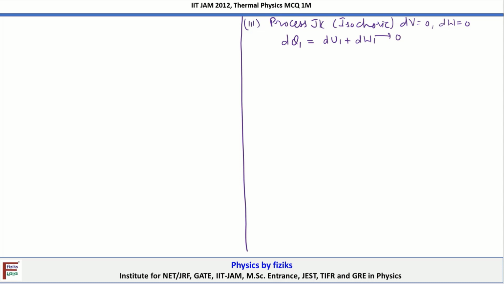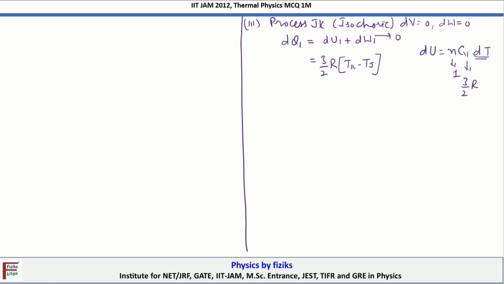What is dU1? Because it's a constant volume process, dU is equal to n Cv dT. Because n is given to be 1, and Cv for the monatomic gas is 3 by 2 R, therefore dQ1 will be 3 by 2 R times delta T. What is delta T? It is J to K, so that means Tk minus Tj.